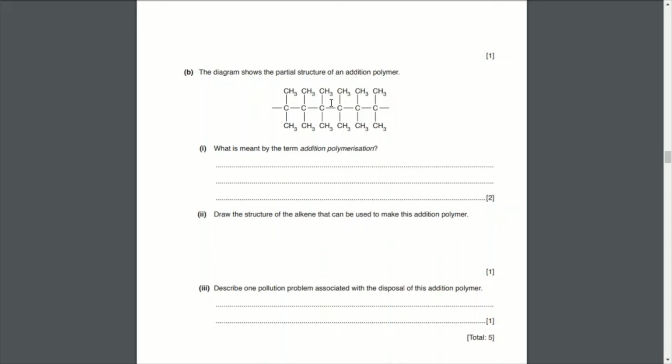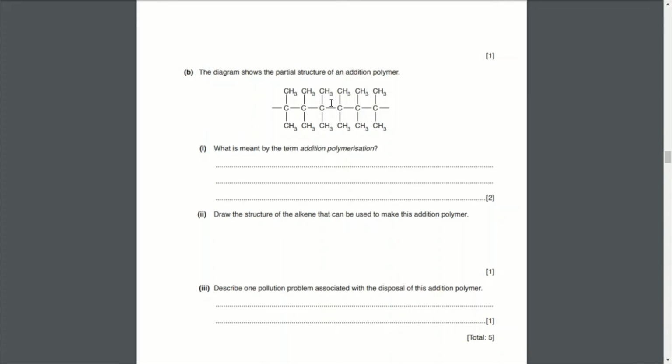So now let's come to part 3. Describe one pollution problem associated with the disposal of this addition polymer. For this, this polymer is going to be non-biodegradable, so it will not easily decompose. Thus, it is going to cause pollution problems. It might remain on land for a longer time.